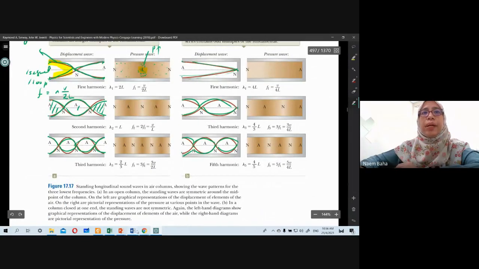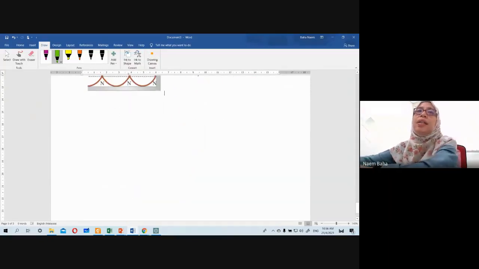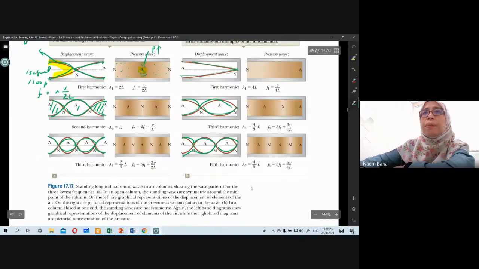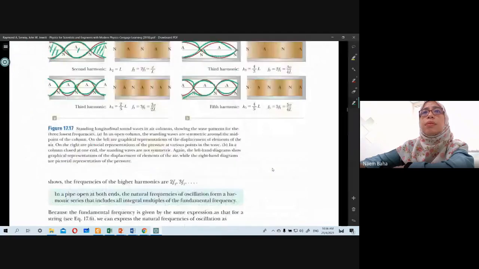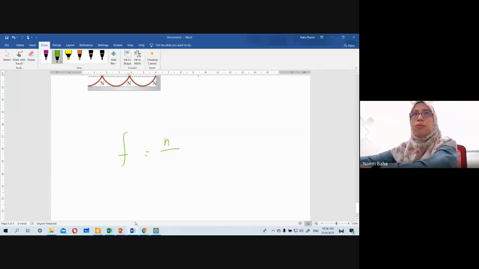Now, something weird for this one. Let me go to my sketch. For this one, you will find that the resultant frequency is n divided by... sometimes it's not n, it's m. Your book is using m, so f equals m over 4L times v.